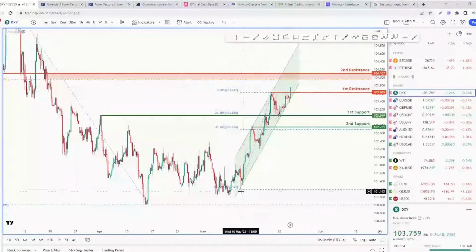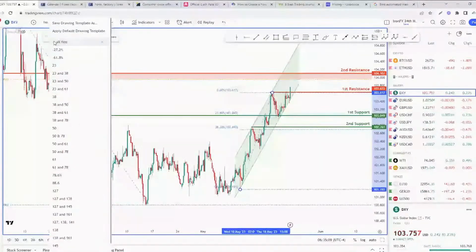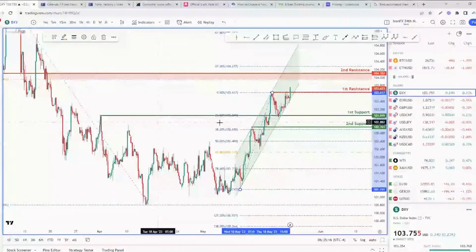Then we ran our Fibonacci retracement from the bottom left to the top right. When you run the Fibonacci retracement, you select all the fibs, and it gives you all the Fibonacci ratios here. So on the upward leg of the move, the Fibonacci retracement levels are identifying potential support levels.